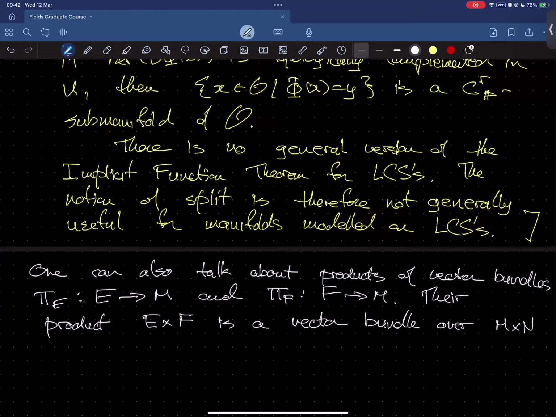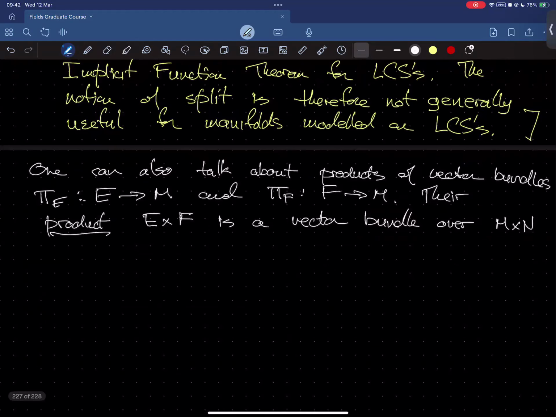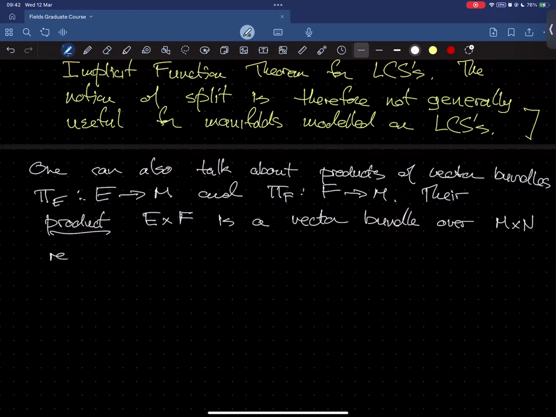This thing is a vector bundle over M cross N, and the easiest way is to draw a diagram.